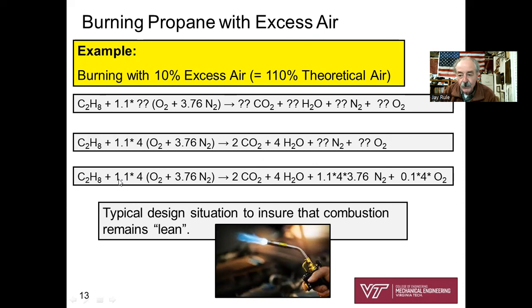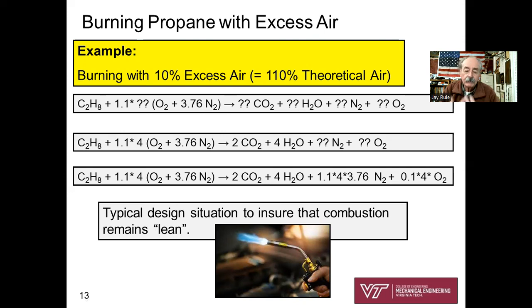Well, it's 1.1 times 4 times 3.76. So it's the same drill as before with the stoichiometric. And then with the oxygens, we used up 1.0 of the oxygens for the combustion. And so what's left over is 0.1 times 4 times the oxygen. So it's going to be 0.4 moles of O2 left in the combustion products.